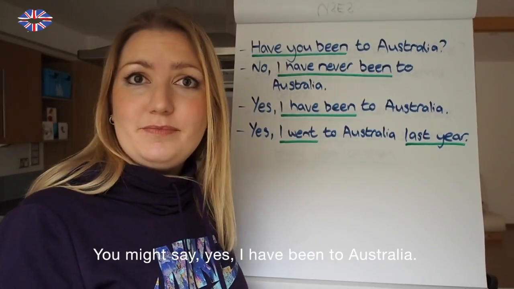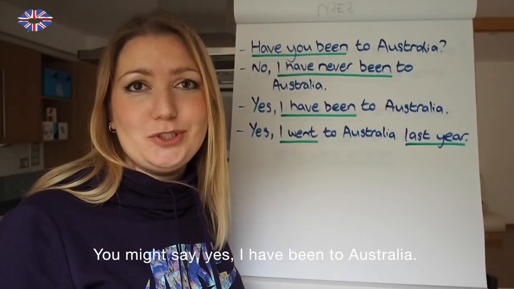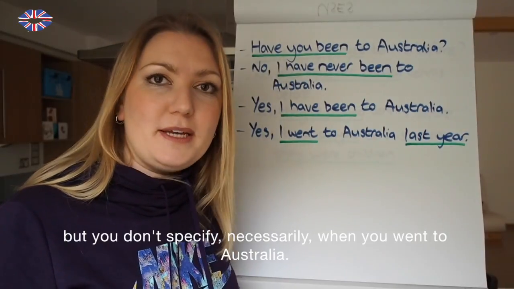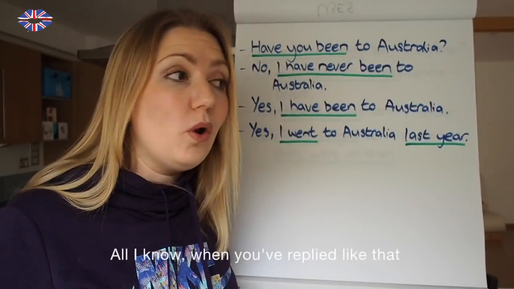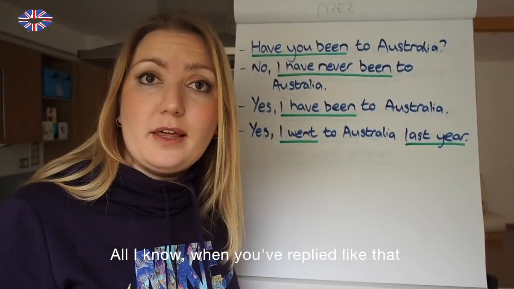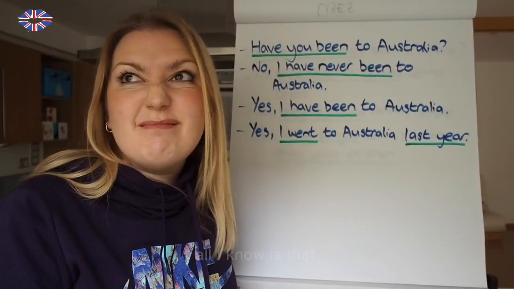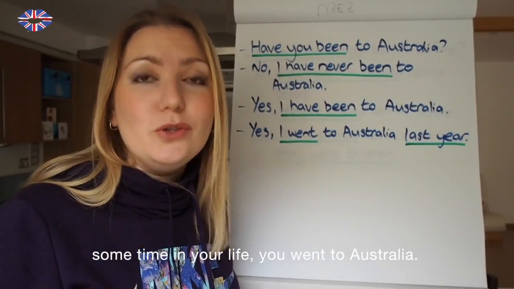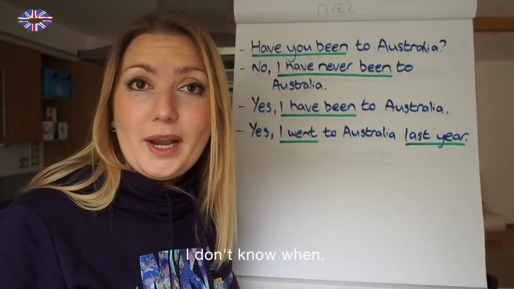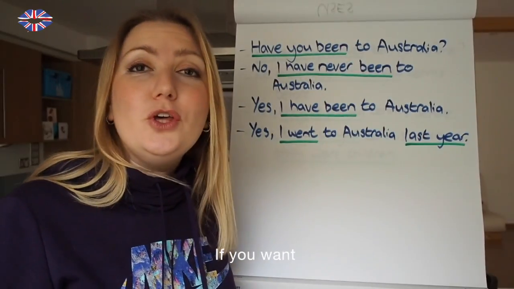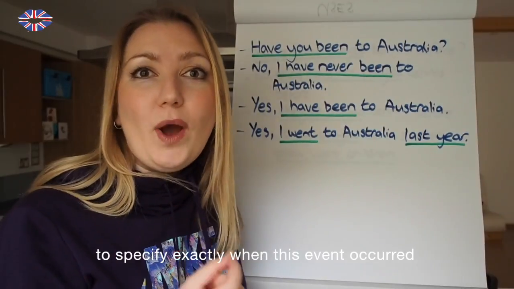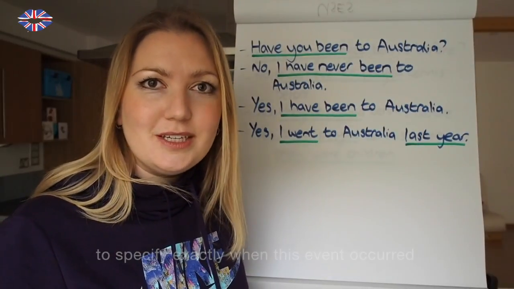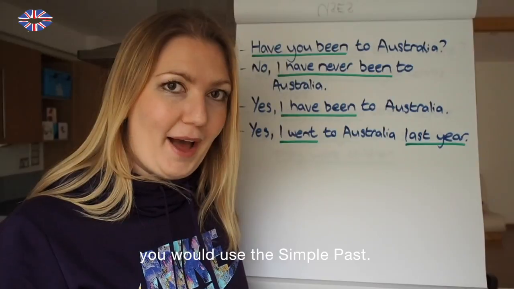You might say, yes, I have been to Australia, but you don't specify necessarily when you went to Australia. All I know, when you've replied like that, all I know is that sometime in your life you went to Australia. I don't know when. If you want to specify exactly when this event occurred, you would use the simple past.